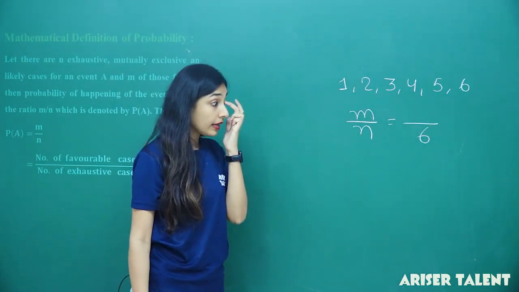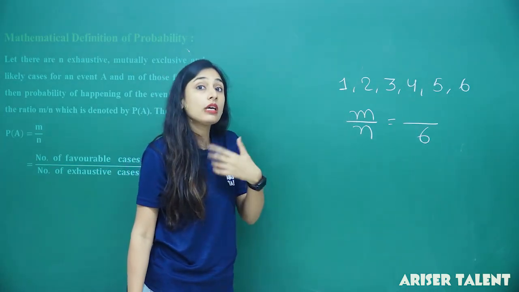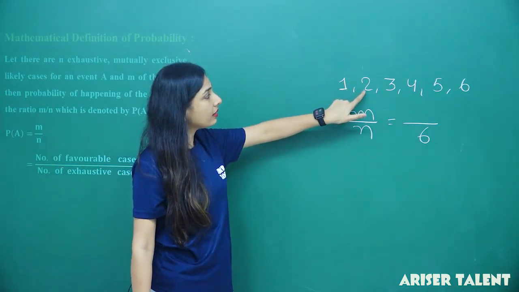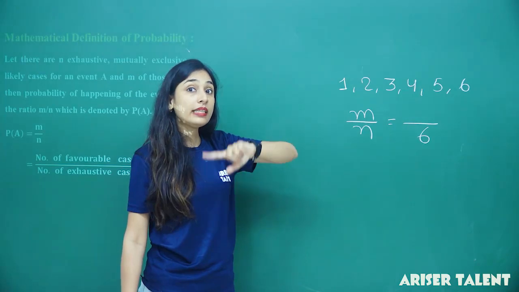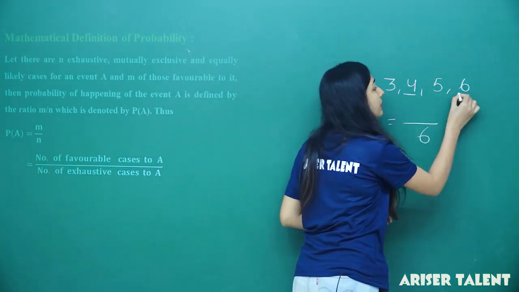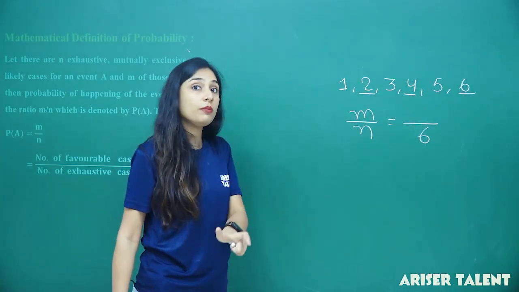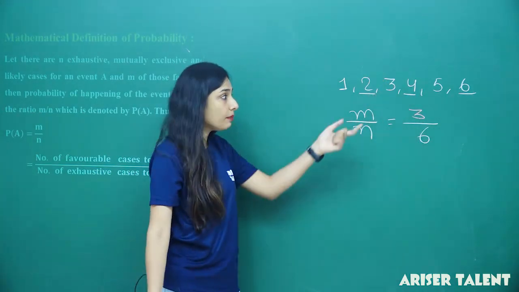Now m depends on what is asked of you. Like if I'm asking that you have to take only the even ones, only an even number should be there. So even is 2, even is 4 and even is 6. So there are 3 favorable possible cases. So m is equal to 3, as simple as that.